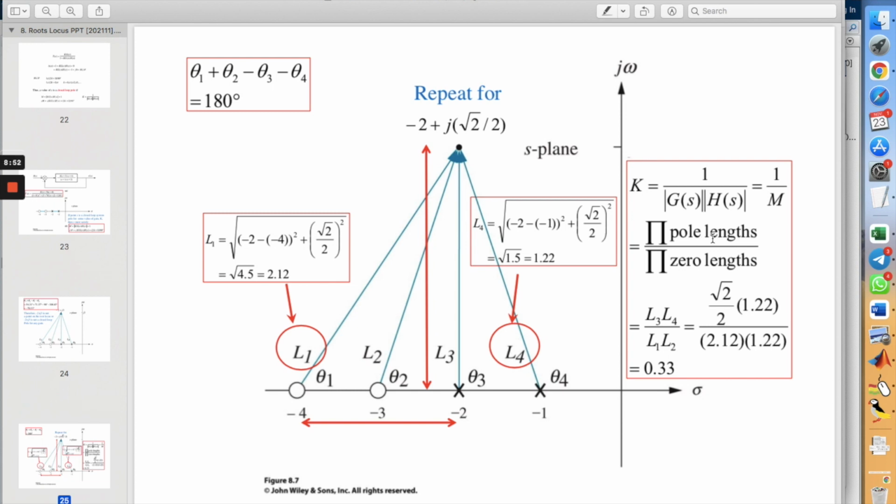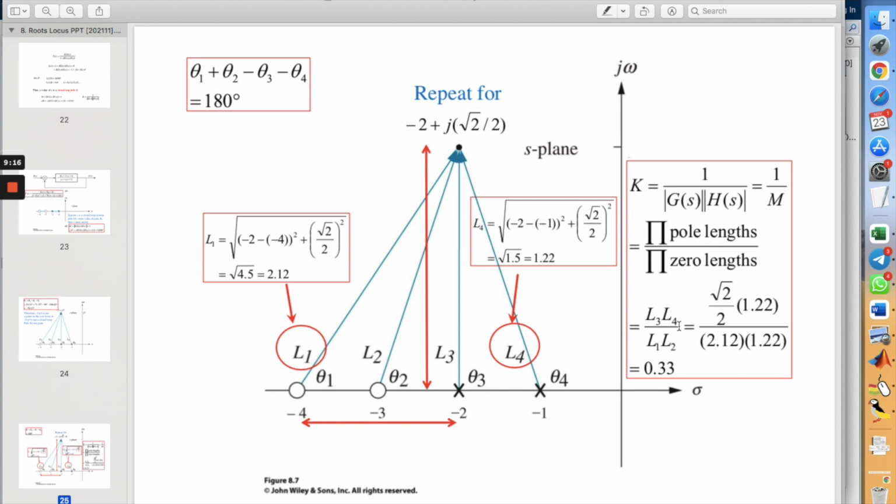The product of pole lengths is the magnitude of each pole's distance to s. We have the distance from negative 1 to s, and the distance from negative 2 to s. So we have L3 and L4.